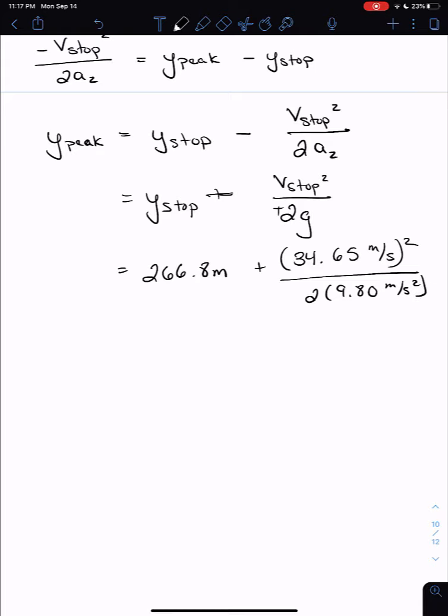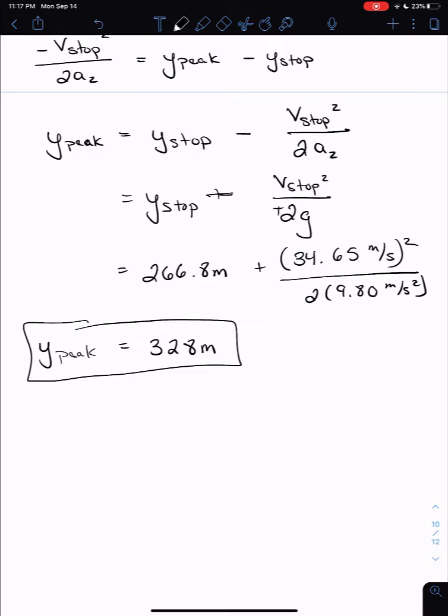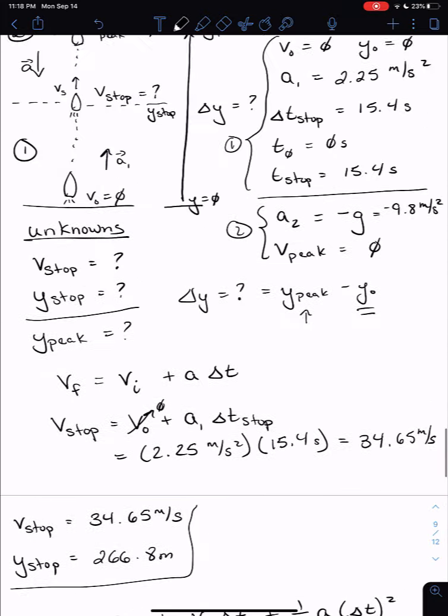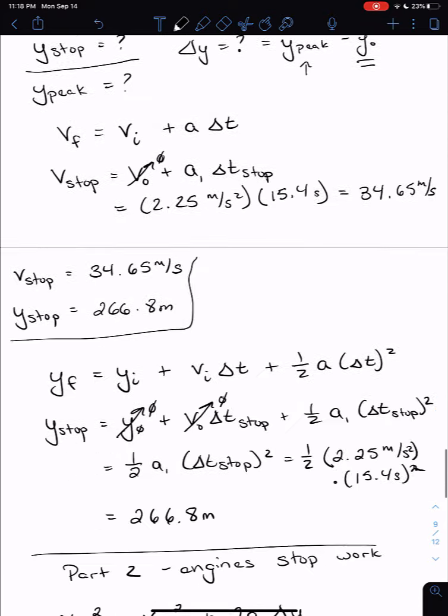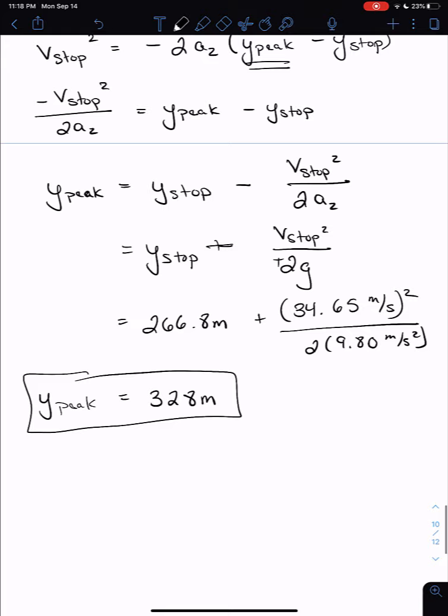So if you go through and plug all of that into your calculators, you'll find that the peak height is 328 meters, and that is as measured from its launch point, because that is how we initially defined it. We defined that initial position to be 0, the launch position, and the peak position to be how far away that happens to be. So final answer is 328 meters.